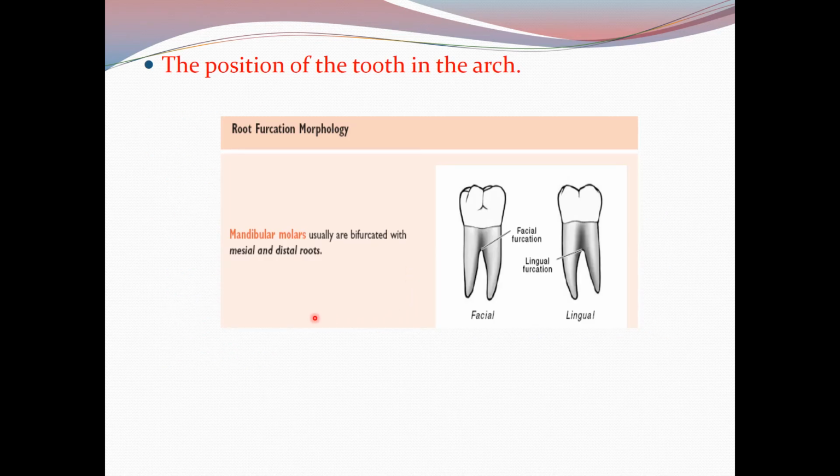Let us study the position of the tooth in the arch. We will take the anatomy of the mandibular molars. Usually mandibular molars have two roots, the mesial and the distal roots, widely divergent. So the furcation of the mandibular molars will have a facial furcation and a lingual furcation.